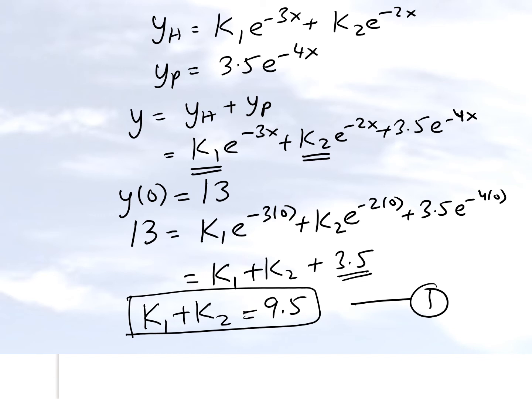The second equation will be found by using the initial condition on the first derivative of the function. So let's go and see how that happens. The next condition which we're going to apply is that the initial condition on the derivative of the function at 0 is given as 17.